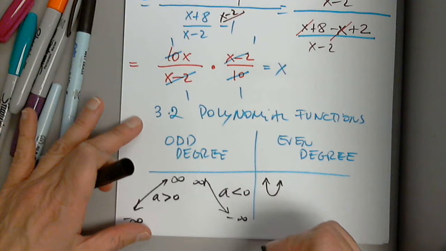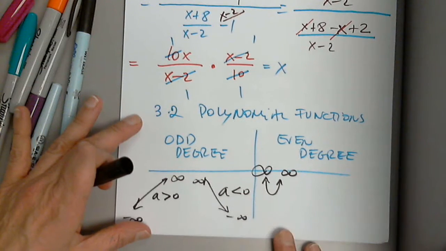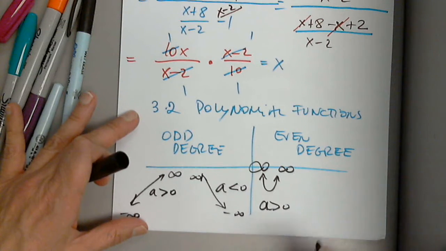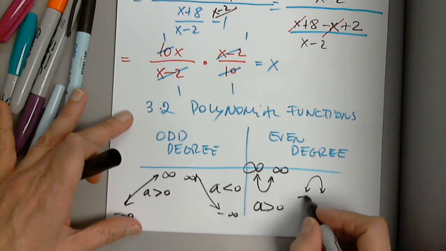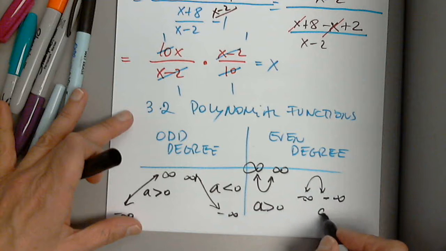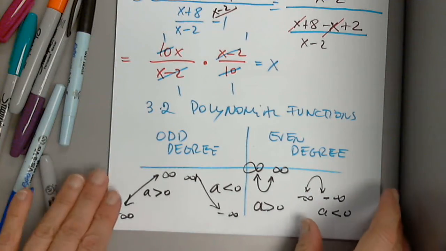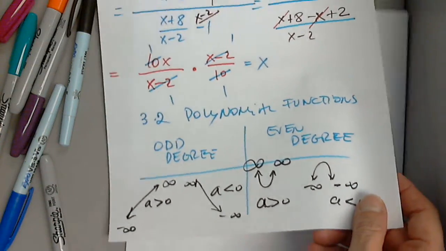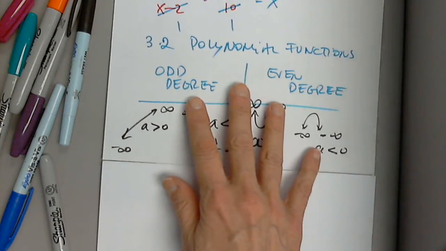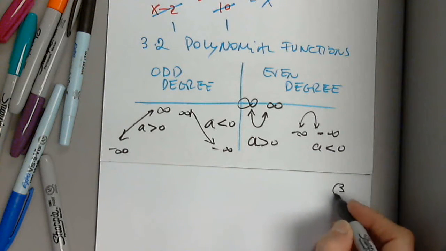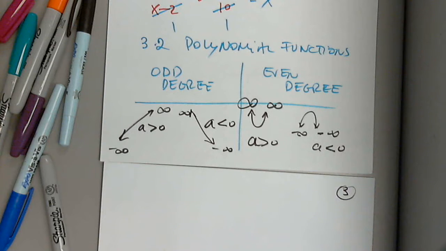So it's either this, from infinity to infinity, with a positive leading coefficient, or this, negative infinity to negative infinity with a negative leading coefficient. So please keep that in mind. This is one prep before we start graphing polynomial functions and understanding them. The first prep. Where do they come from?